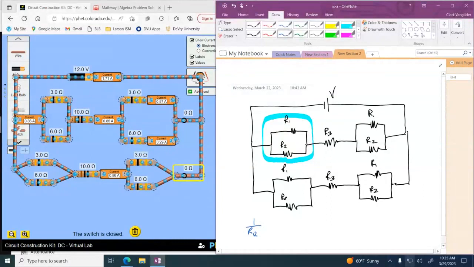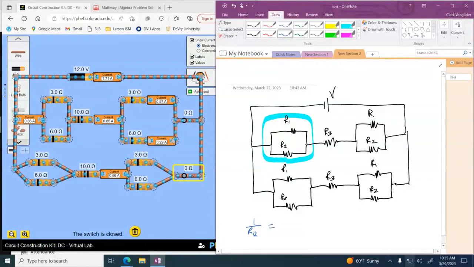A lot of textbooks will write R sub EQ, but I'm going to be more explicit because I'm going to condense this whole branch it's on into one resistor, which means the other one is identical, and then those are two equivalent resistances in parallel, and you would go through the motions one more time.